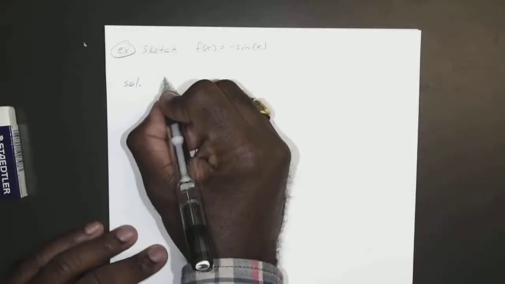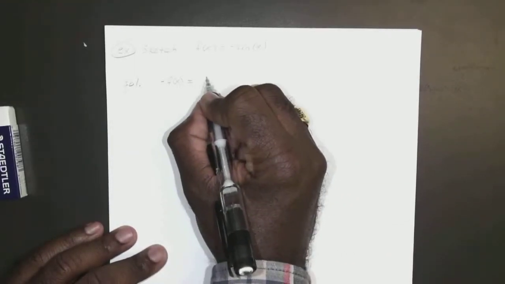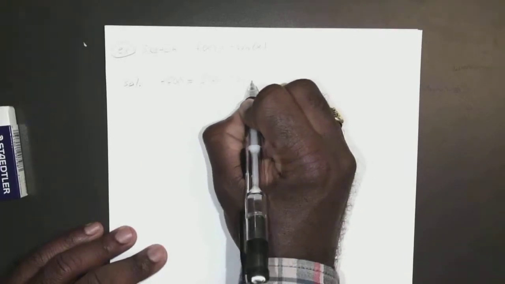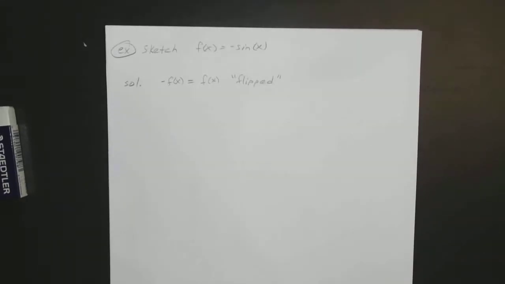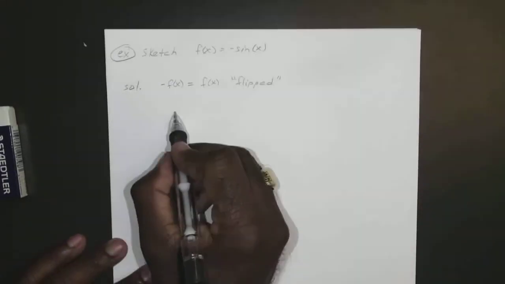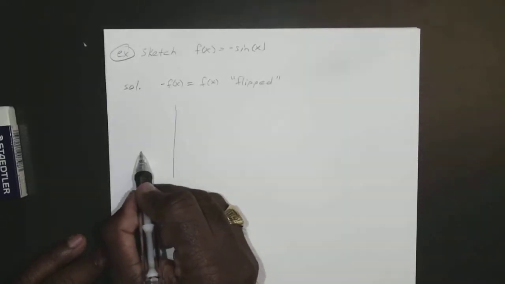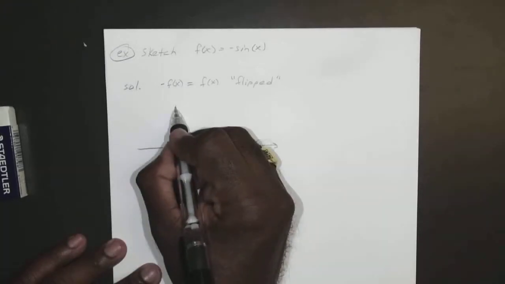Okay, so remember that negative f of x is just f of x flipped. Okay, that's all that negative sign means. You're just going to flip the graph over. Okay, so if we did a quick sketch of sine of x, and actually we can probably do both of them on the same one.